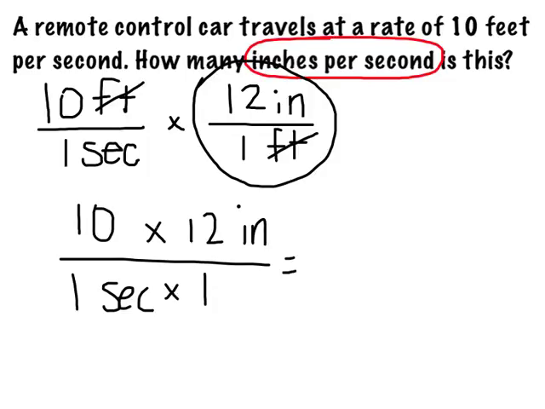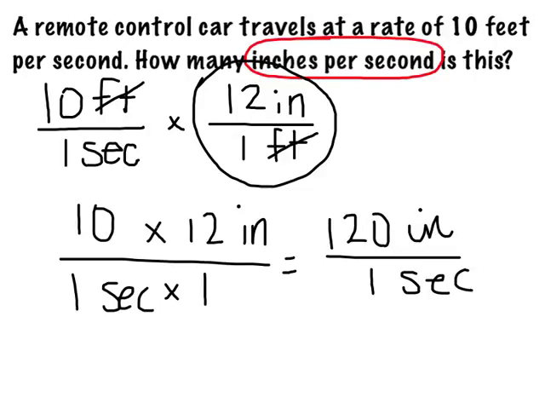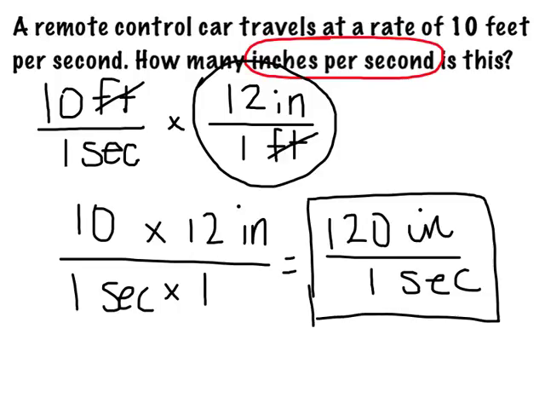And now I'm going to work it out. 10 times 12 is 120 inches. 1 second times 1 is 1 second, and I come up with 120 inches in 1 second, which answers the question, how many inches per second?